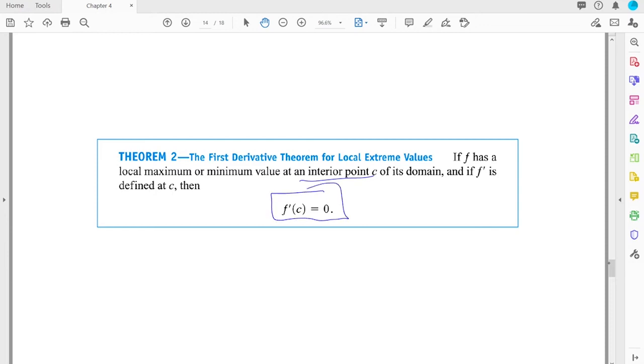So remember, to have a local maximum or local minimum, the graph at that point always looks like this. This is local maximum and this is local minimum, and at that point if you try to draw a tangent line, that tangent line would always be a horizontal line. That's why the derivative of that function at that point is 0, because that's the slope of the tangent line at that point.